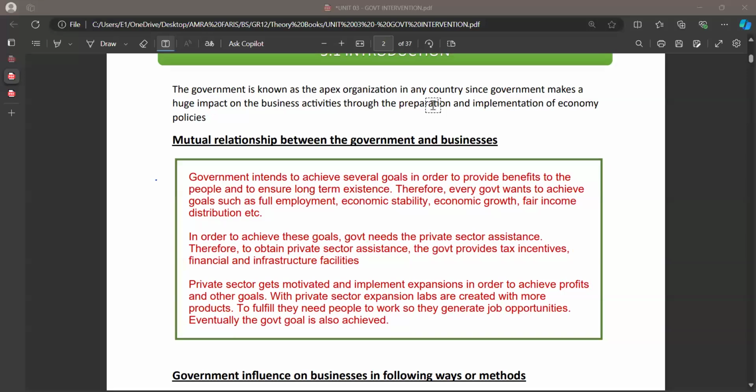Actually, there's a question. Will government provide export and import facilities to businesses? Yes, government does provide. When it comes to exports, they provide a lot of benefits, like export subsidies, in the sense they give some financial benefits to the exporters. So they export more. When they export, it's good for a country. Likewise, governments also get into trade agreements with other countries.